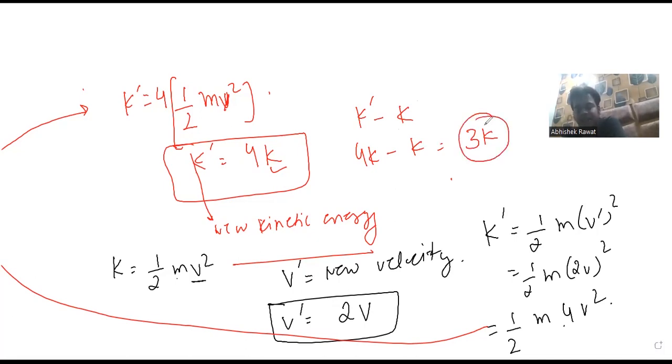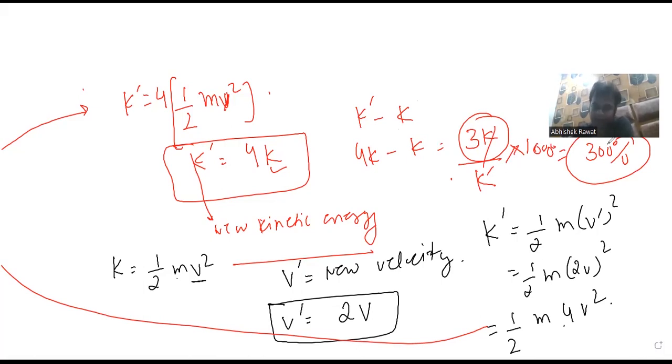So the energy is increased by 3k. In terms of percentage, we divide by the initial value k and multiply by 100. So you will get the desired percentage, which will be 300%. So we can say it is increased by 300%.